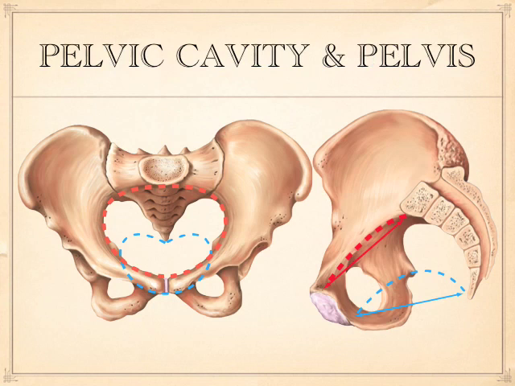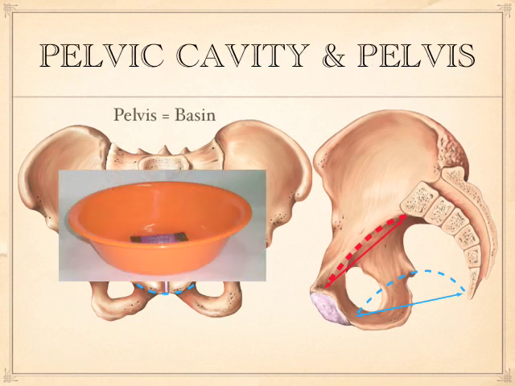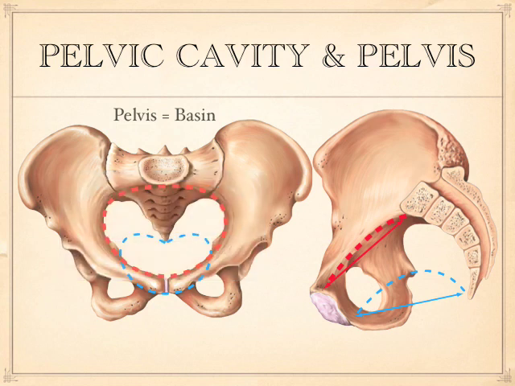You know, in the birthing process, the child has to be able to come through this area right here. The word pelvis means a basin. Picture a basin, and this hollow space down here is technically the pelvis. We also call it the true pelvis. Okay, that's this area where the cavity is.